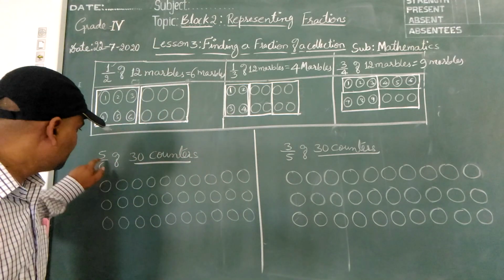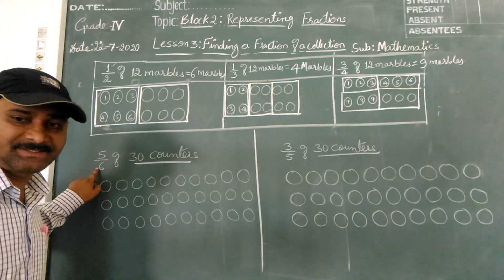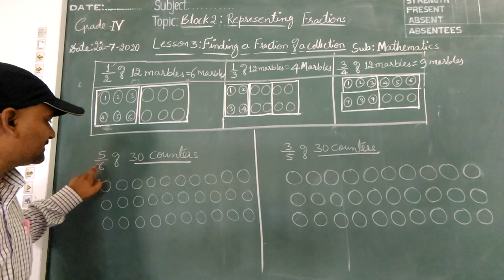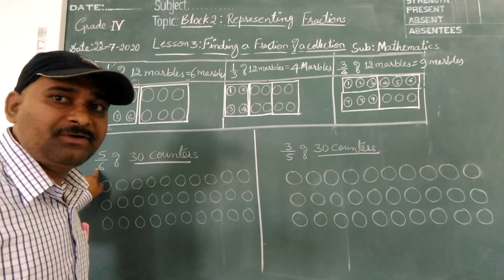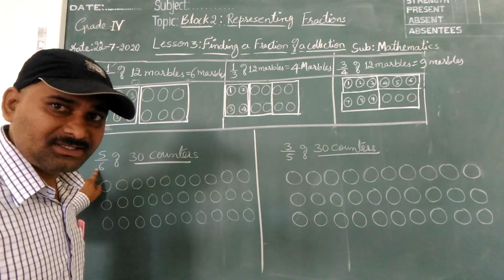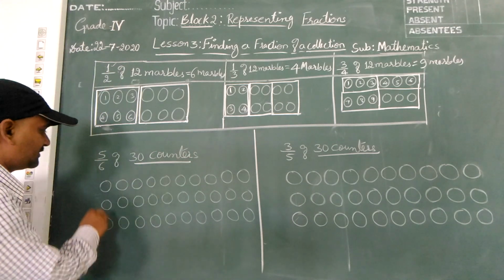So now comes 5 by 6. 5 by 6 of 30 counters means I should make 6 groups children here, correct? I should make 6 groups.